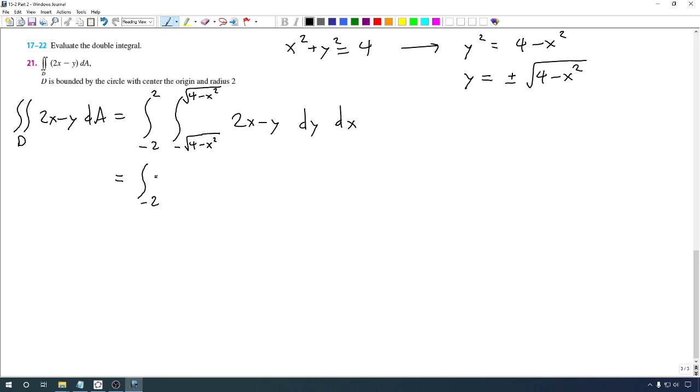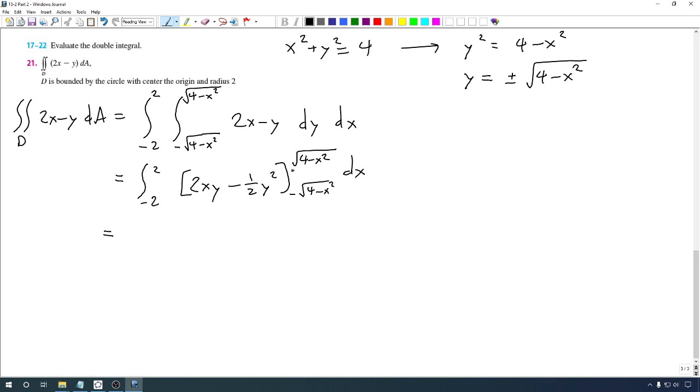So again, we first integrate 2x minus y with respect to y. That means we get 2xy minus 1/2 y squared. We're evaluating that from negative square root of 4 minus x squared to the square root of 4 minus x squared. That means we go ahead and plug these into our y values.